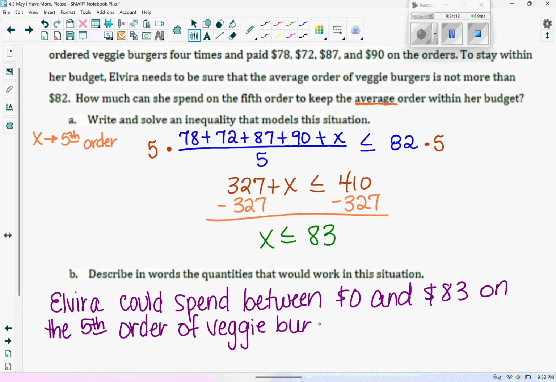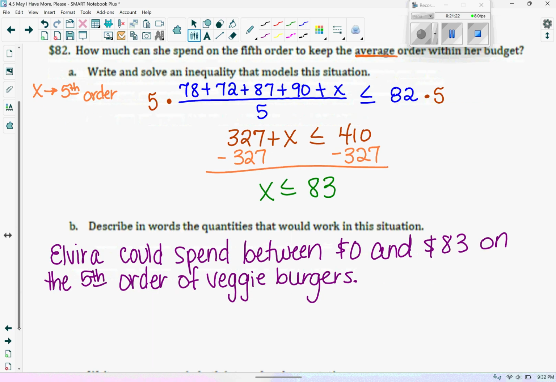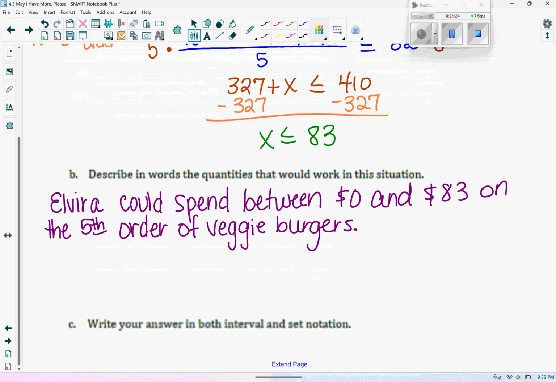And she would stay in budget, right? All right, again at the bottom, mark that out.